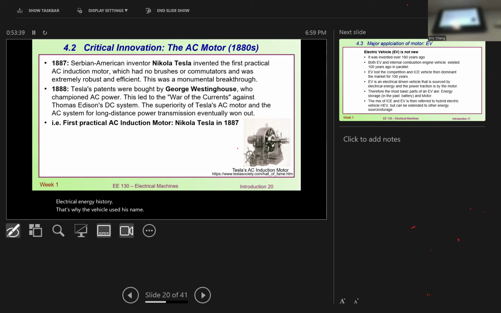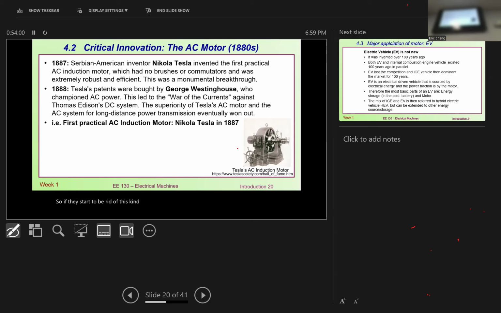Then gradually we moved on to how to operate DC systems and transmission systems. In 1888, we saw more patents on this work, and one of the large Western companies, a really big enterprise in electrical engineering, started to develop this kind of AC motor.